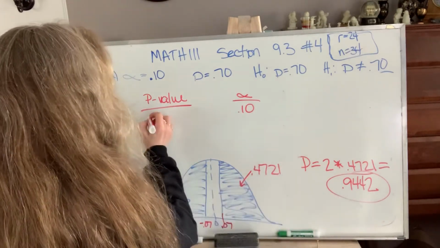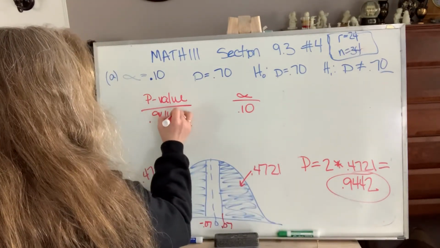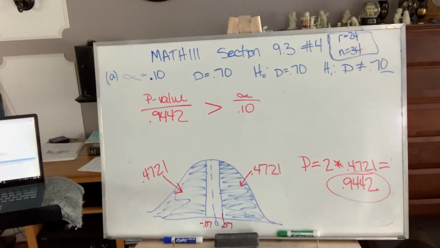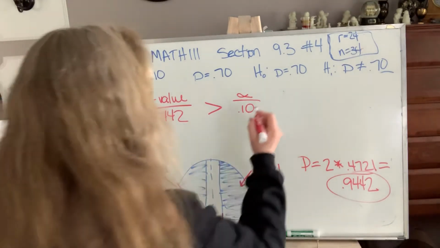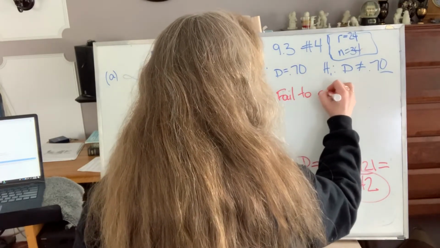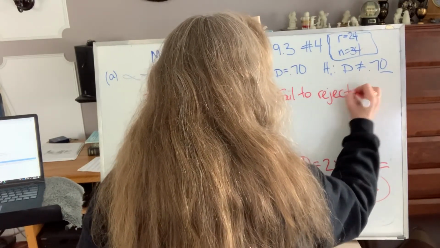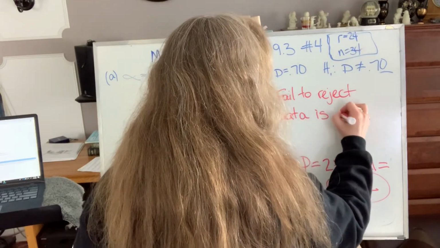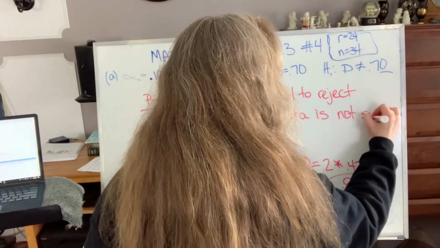What is my p-value? 0.9442. Sure enough, that's greater than. So when the p-value is greater, then we fail to reject. So we fail to reject because the data is not significant.